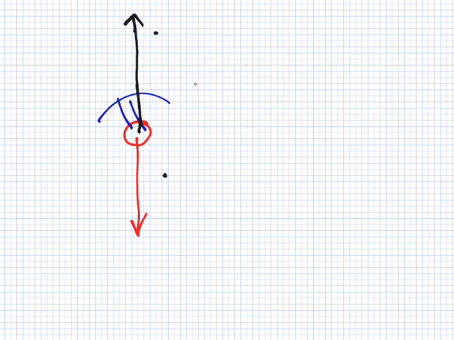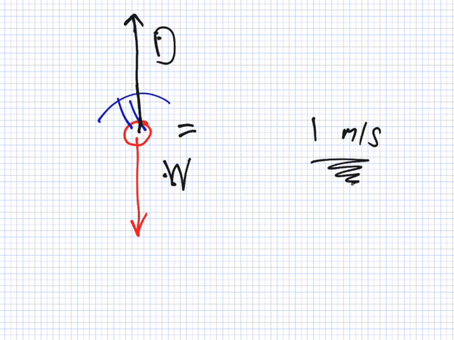Well, because the drag is bigger than the weight, it will slow him down. But then once he slows down to 1 meter per second, then the drag will equal the weight. So will he continue to accelerate? No. What happens if the forces cancel? Terminal, yeah, he just continues at this velocity.